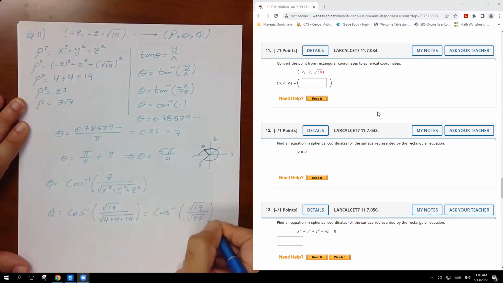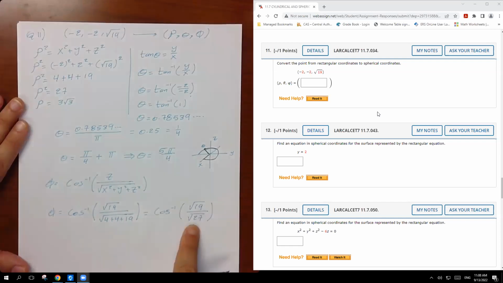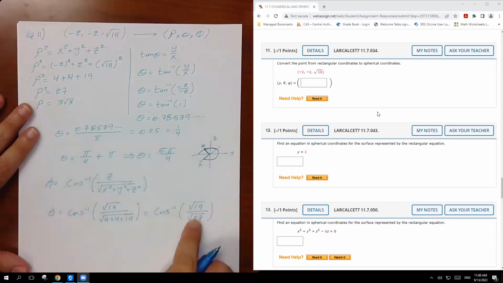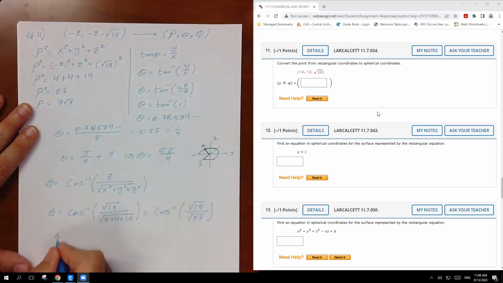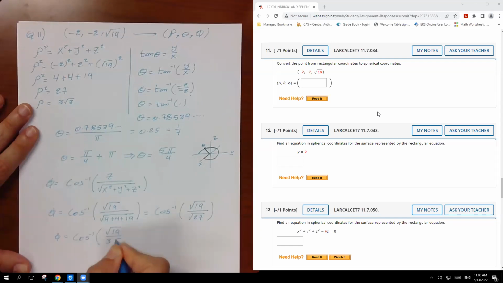Here is the important thing. How am I going to find this one? This one is going to be hard to simplify. We can simplify because this is 3 square root of 3. So phi is going to be equal to cosine inverse square root of 19 over 3 square root of 3.